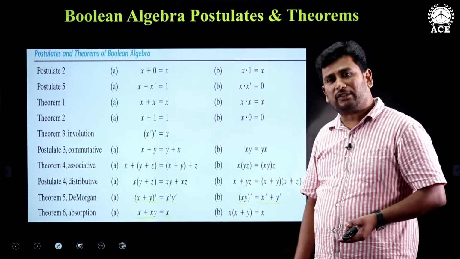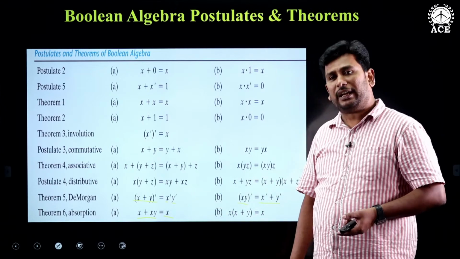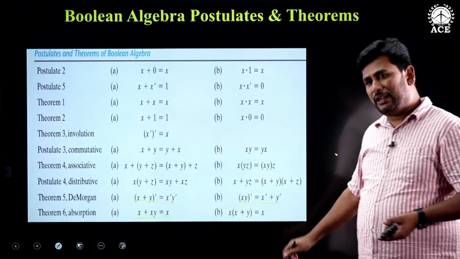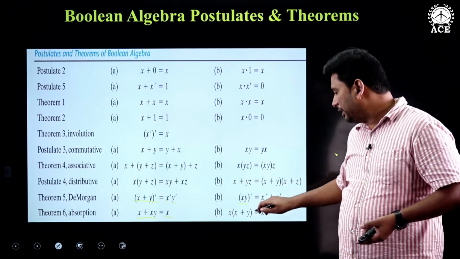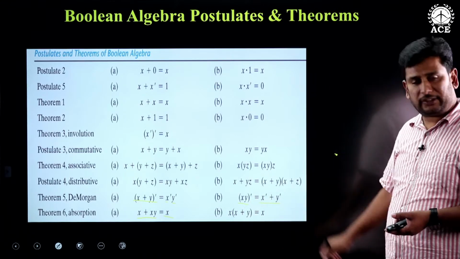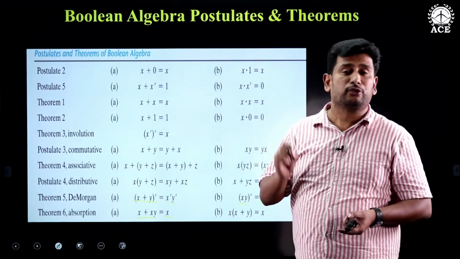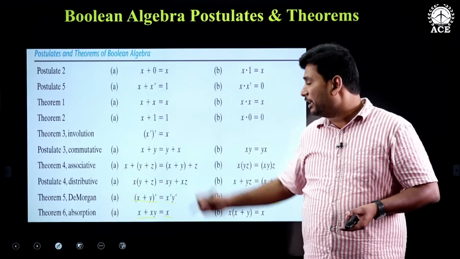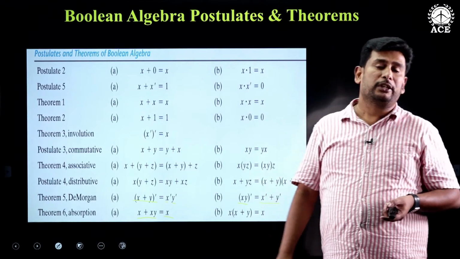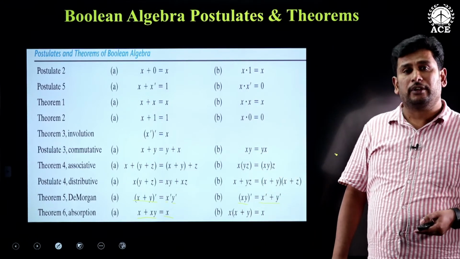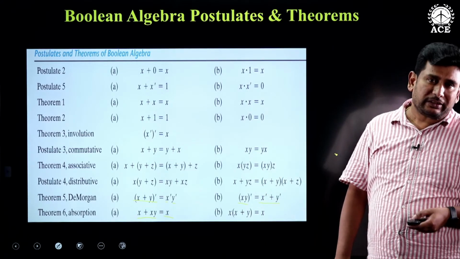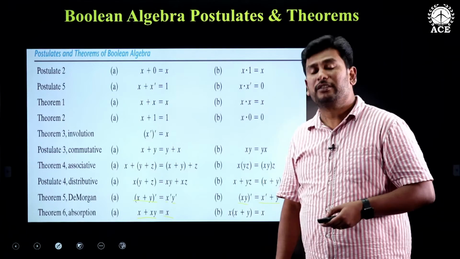So X OR with XY is nothing but X, and its dual is X AND with (X OR Y) equal to X. So these are the different postulates used for proving different theorems, and these are the 6 different Boolean theorems which we have to remember, and sometimes we will be asked to prove those theorems.